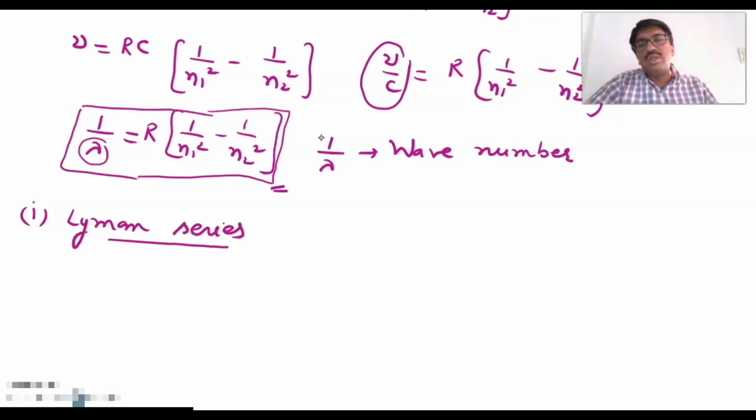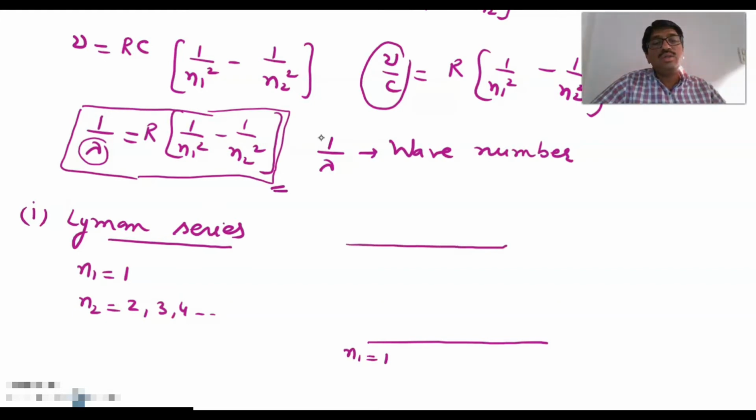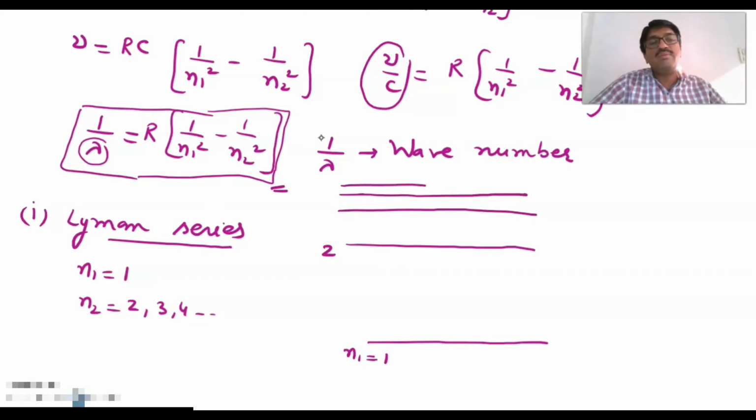Lyman series. In this series, N1 we take 1 and N2 is greater than 1, means 2, 3, 4 and so on. It means suppose this is the ground level N1, that is equal to 1, and these are the other levels 2, 3, 4, 5.